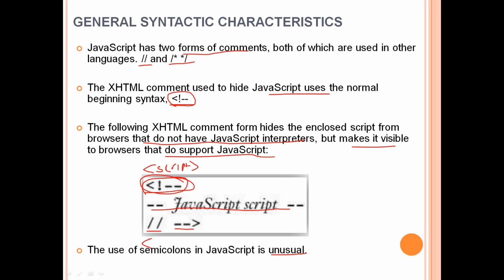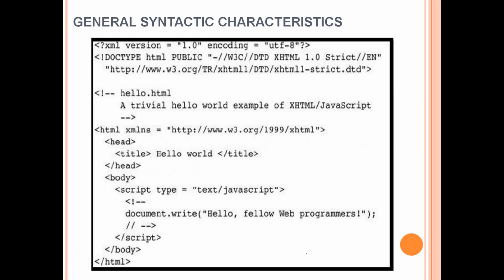There is no need to have a semicolon after each statement. When we start a new line, the new line itself will be considered as a new statement. Even though, if we want, we can use a semicolon in JavaScript, it is unusual.